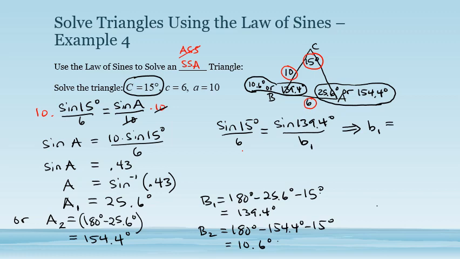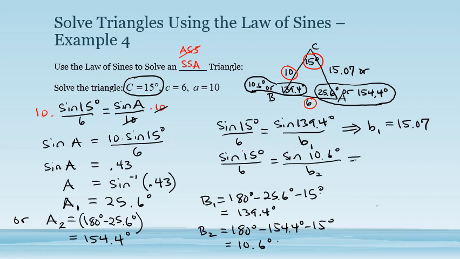But I got 15.07. So for side B, I'm going to have 15.07, or the other option would be, I'm going to stick with my anchor, but now I'm going to use angle B sub 2, which was 10.6, and I want to find side B sub 2.